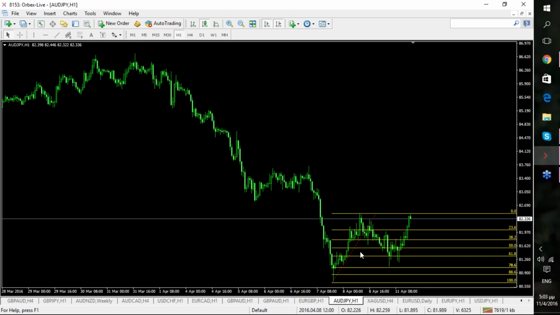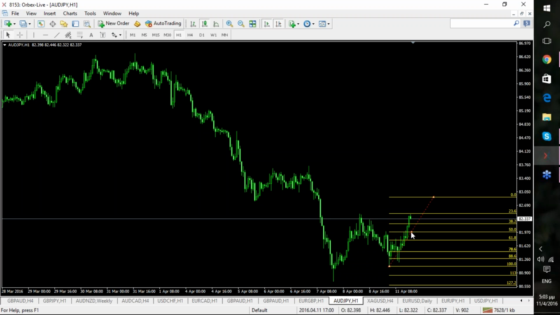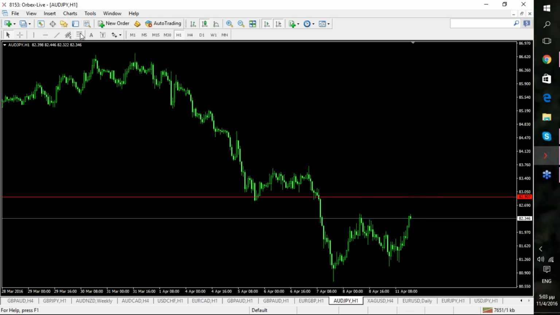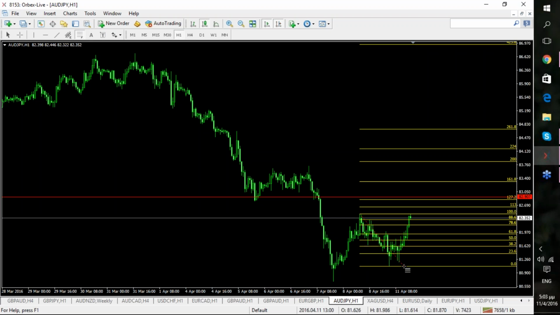We've got a 78.6 here, and if we take AB equals CD, that's what we're looking at as a potential for the D reaching that area there. And pulling that, since C is 78.6, we pull that here, looking at a potential 1.272, which is just there.